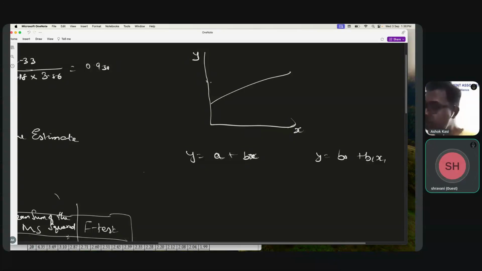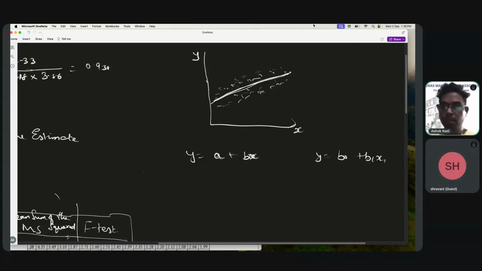So this is the equation of a line. Now this is the regression line. How are we getting this? This is the line drawn exactly in between. So we are drawing the line exactly in between. It is the regression line.